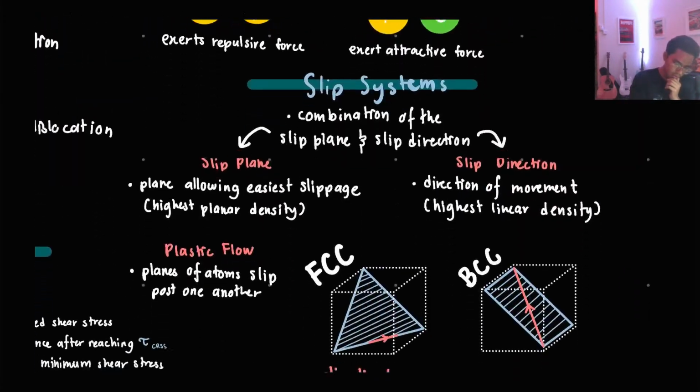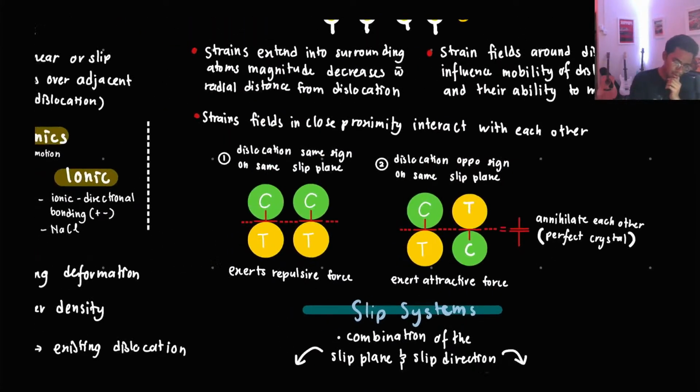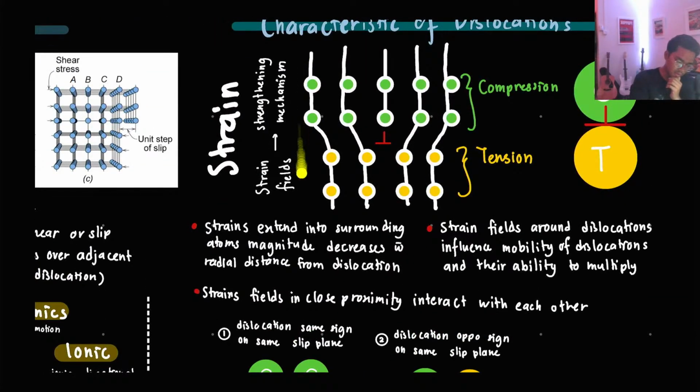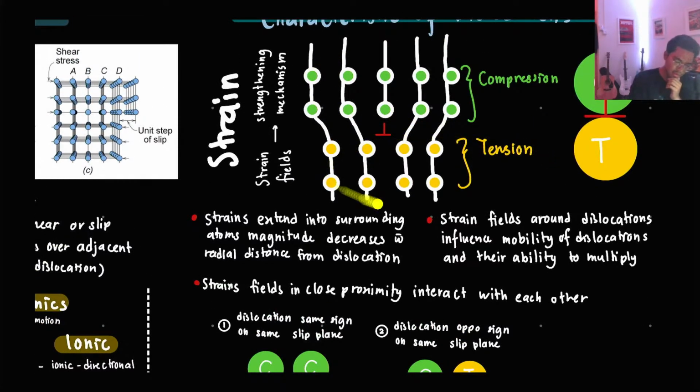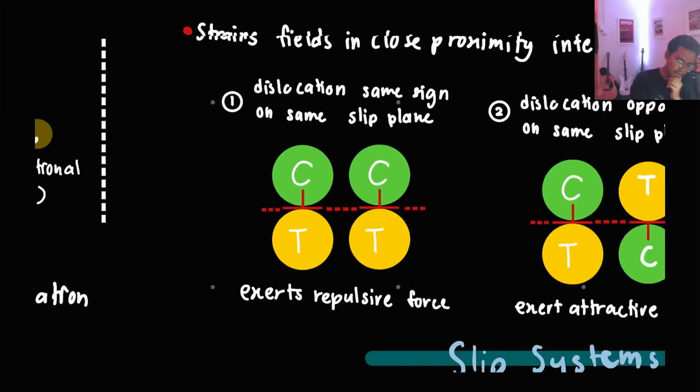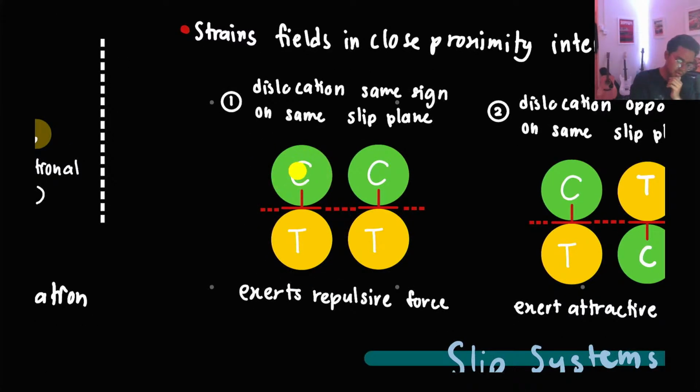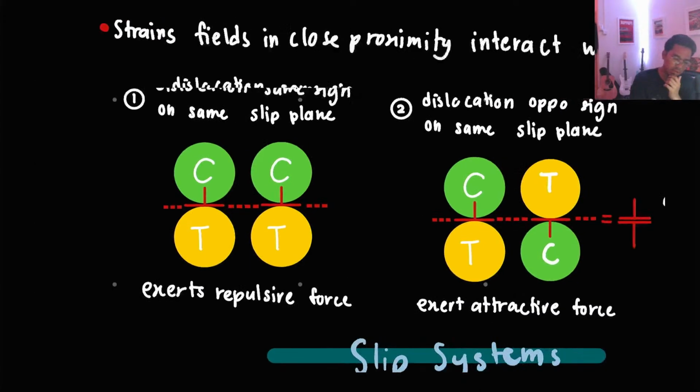Okay, so let's say you have a strain field. This is what we call a strain field. So this is compression and this is tension, like I mentioned. So what happens if you have strain fields similar to each other and positioned next to each other? So dislocations of the same sign on the slip plane exert repulsive force, which means they push with one another.